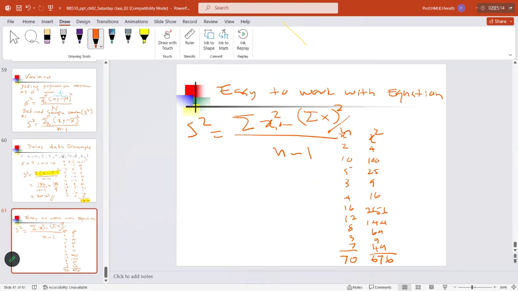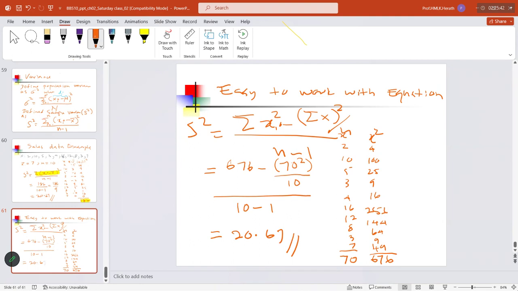Now we substitute these numbers: 676 minus 70 squared divided by 10, all divided by 10 minus 1. If you solve this, it will be 20.67. This is another way of doing it.